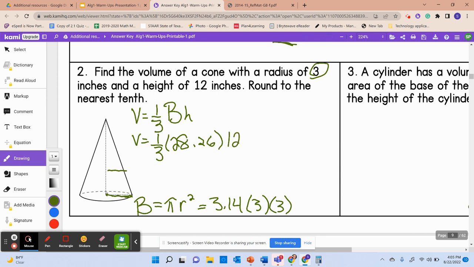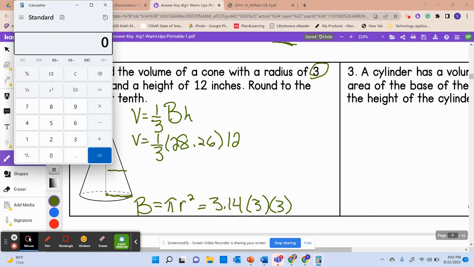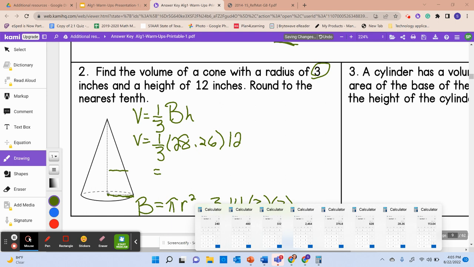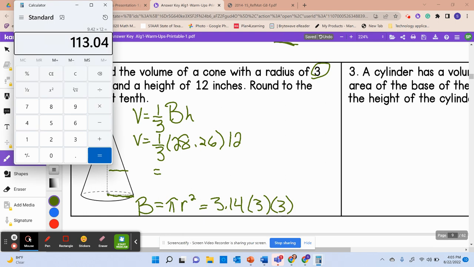Let's see what that gets us in the calculator. So we have 1/3 is 0.33 times 28.26 times 12. It's equal to, let's look at it one more time, 113.04. But it says to round to the nearest tenth.